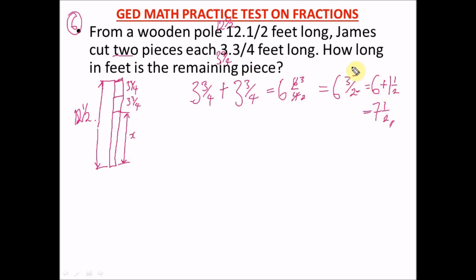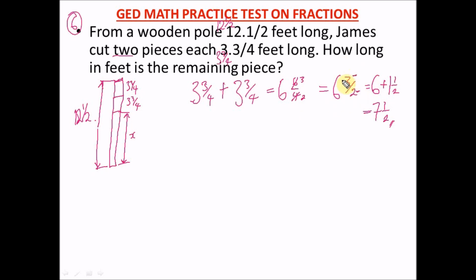When you still have an improper fraction, you have to convert back to a mixed fraction. And in doing that, whatever number that can go, you add it to the whole number here. You can see that here we just cancelled out. We said 2 would go here, 2 would go here, and we didn't add any 1 to this whole number. Why did we add a 1 to this whole number?